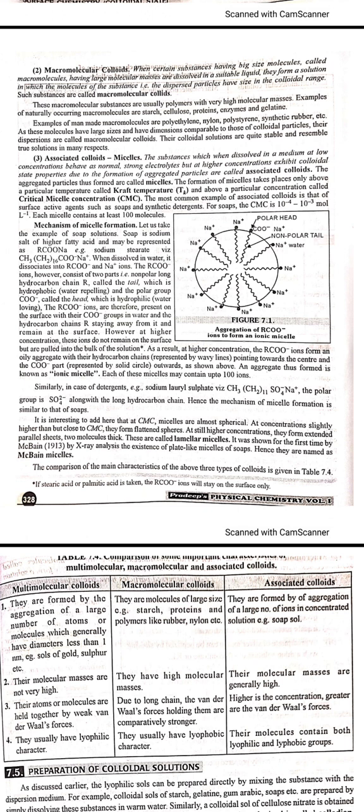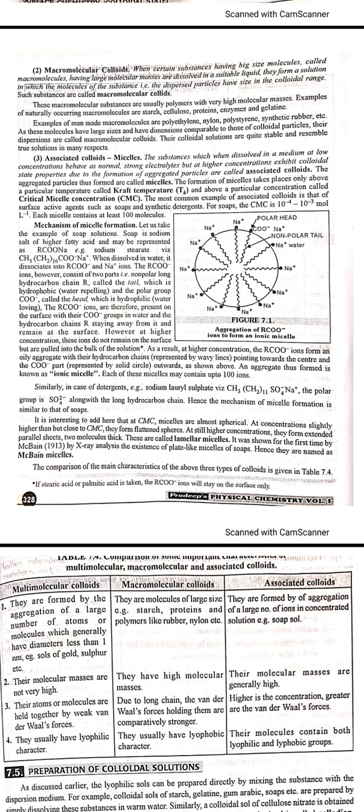Soap is the sodium salt of a higher fatty acid and may be represented as RCOONa. Example, sodium stearate, CH3(CH2)16COO- Na+. When dissolved in water, it dissociates into RCOO- and Na+ ions.